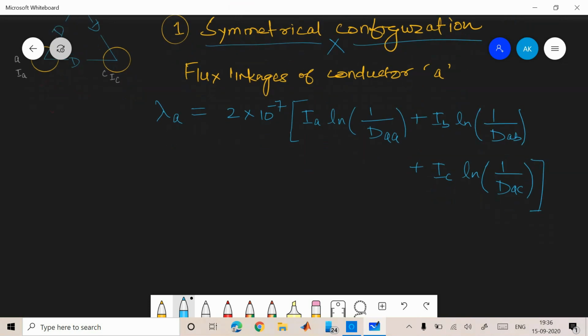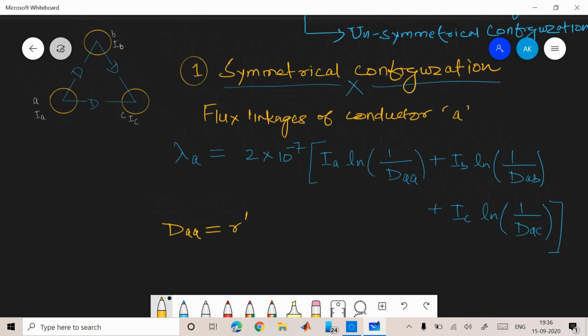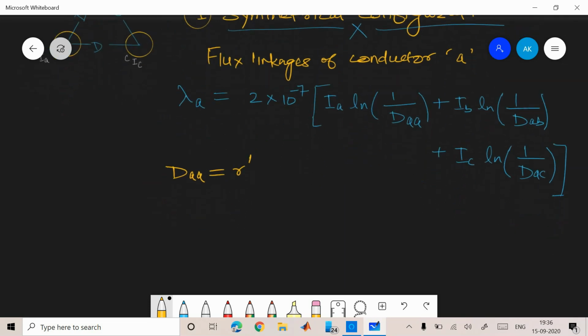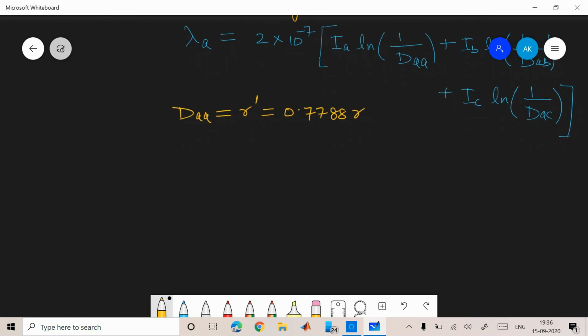This DAA is nothing but R dash. Okay, one more thing I forgot to tell, that all the three conductors, conductor A, conductor B, conductor C, each are of the same radius, that is R. So DAA is your R dash, which is equal to 0.7788 times R. Now, as the circuit is complete, the sum of all three currents, IA plus IB plus IC, must be equal to 0.